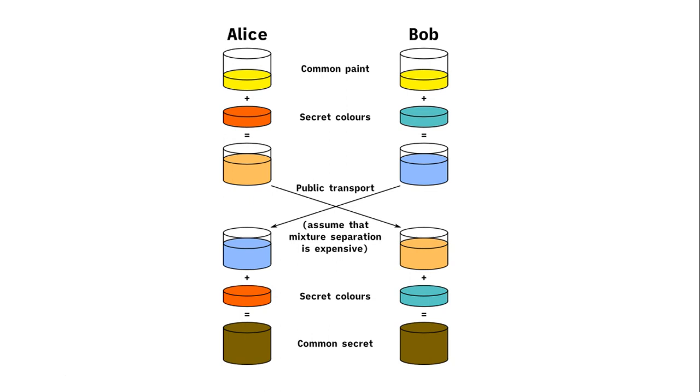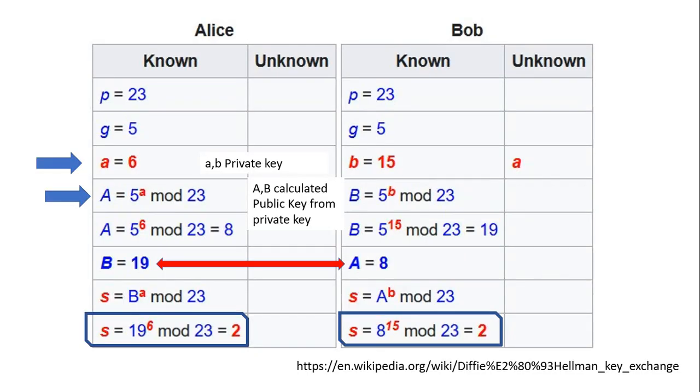Now today my attempt is to try to explain using the mathematics behind Diffie Hellman. This is a picture borrowed from Wikipedia. First, both Alice and Bob will share some agreed on constant value for their mathematical equation.